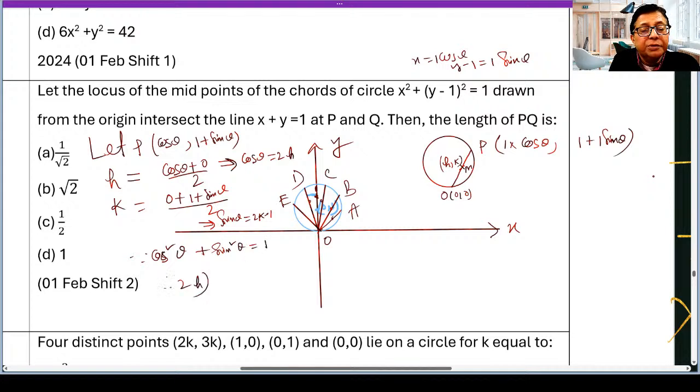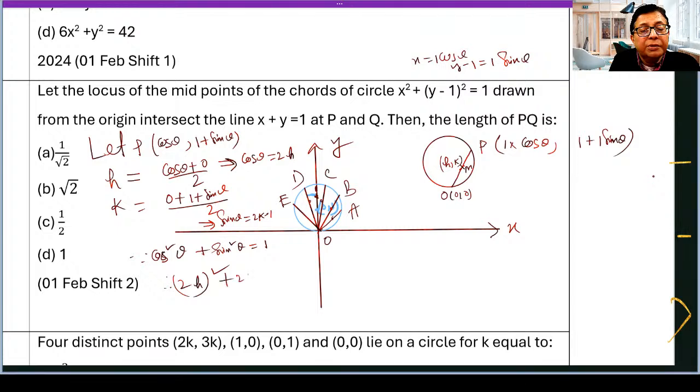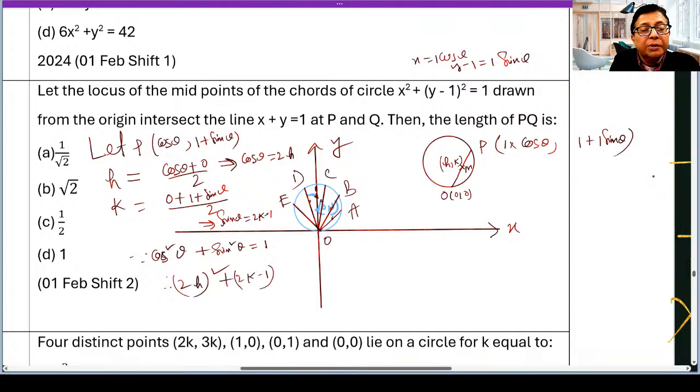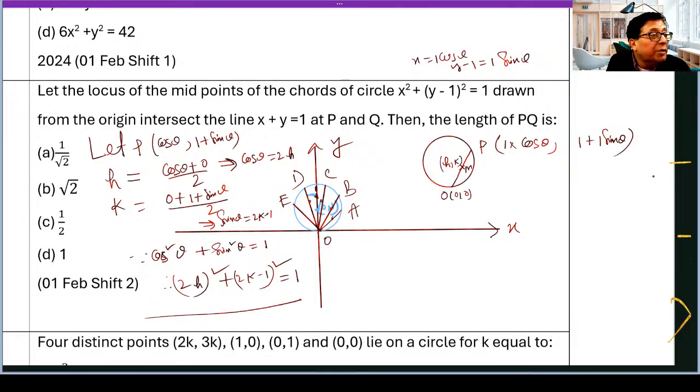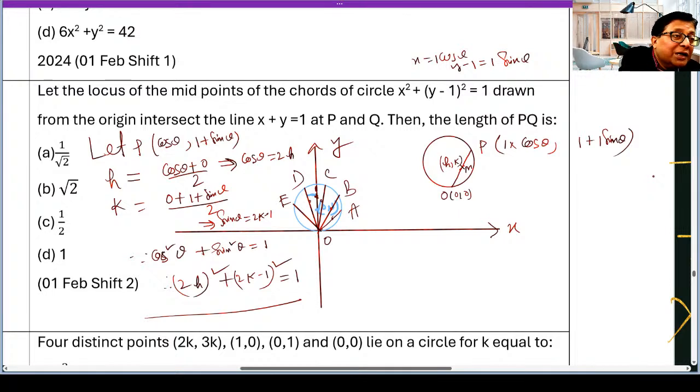Therefore, this is what? The locus of H, K. But when you write the locus, H, K will not be there. It will be replaced by x and y. So the required locus is, you know this.